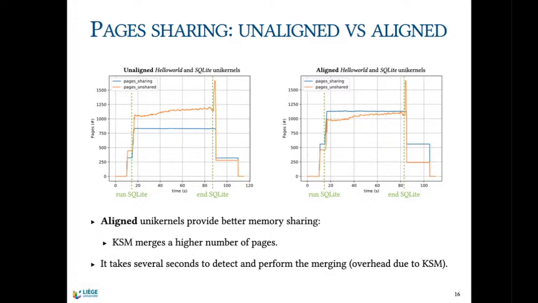The memory sharing is considerably better with aligned versions, since the KSM daemon will merge a bigger number of pages. In addition to the sharing, we also observe that the KSM daemon has some overhead. We can clearly see on these two plots that it takes several seconds to converge. And we guess that due to this convergence, it will also consume some CPU cycles.